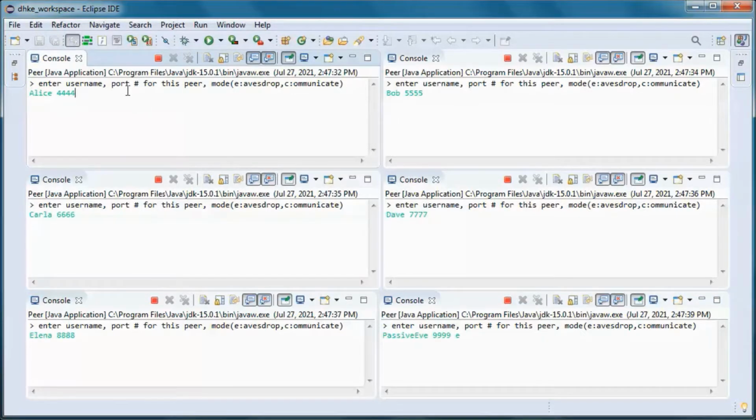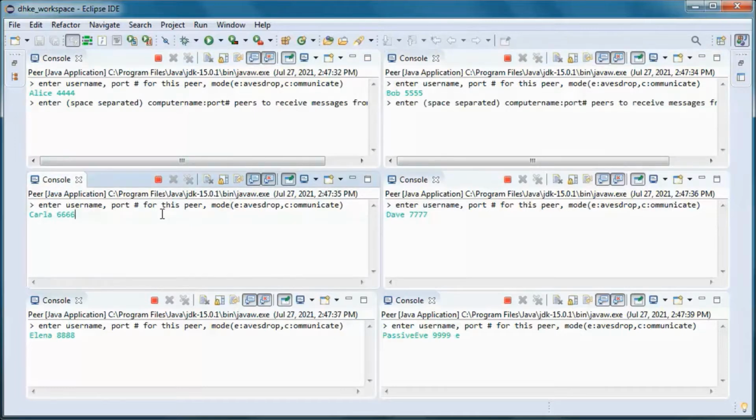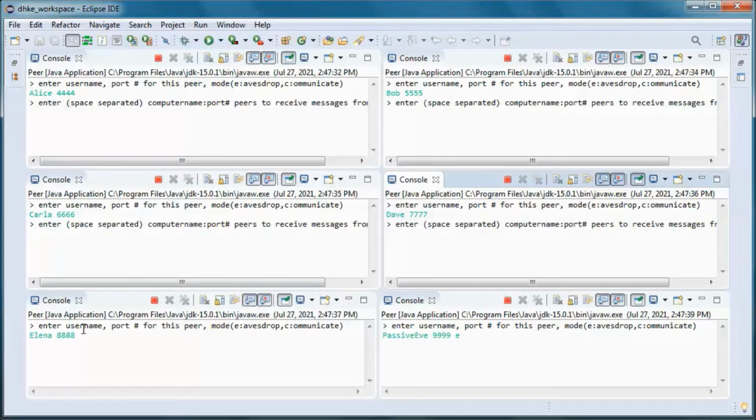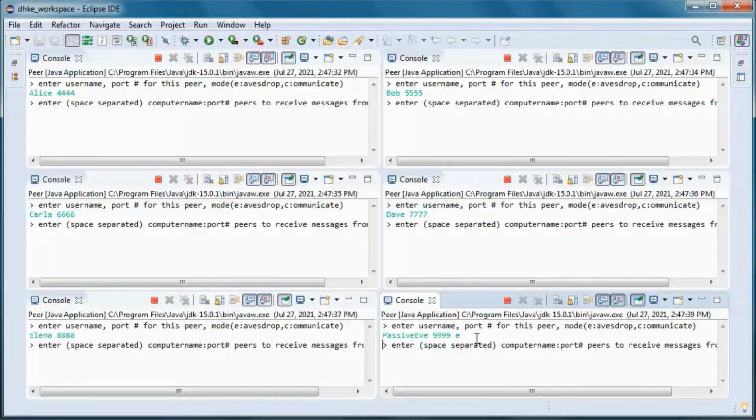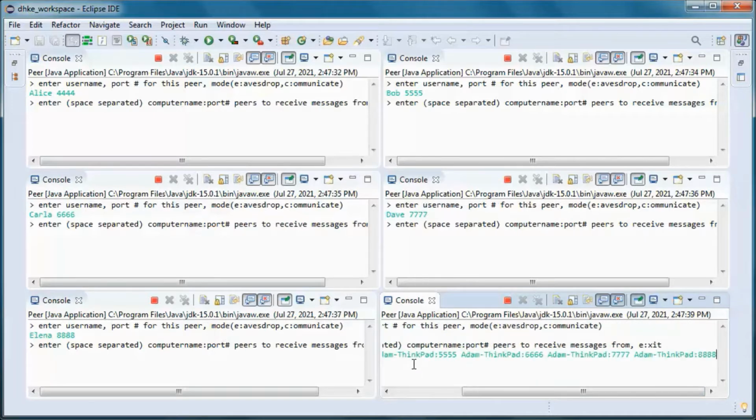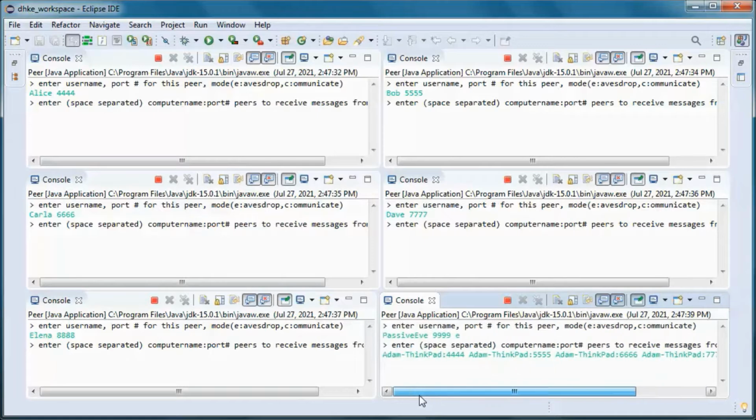So this is the first communicating peer, second, third, fourth, and fifth, and this is the eavesdropper peer. So it will pick up messages from all 5 communicating peers, and we'll go in a circle.